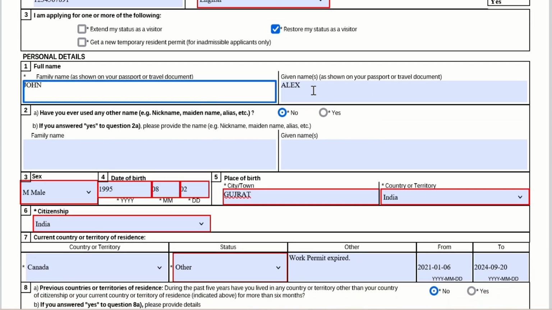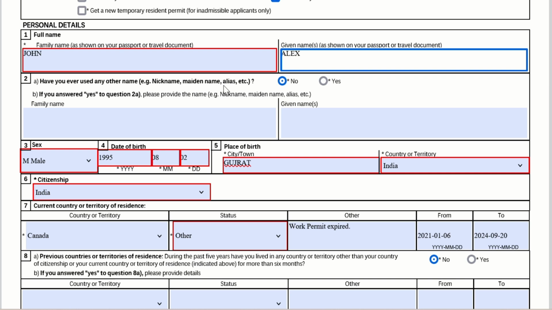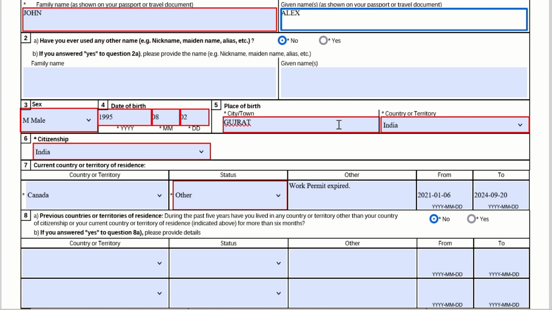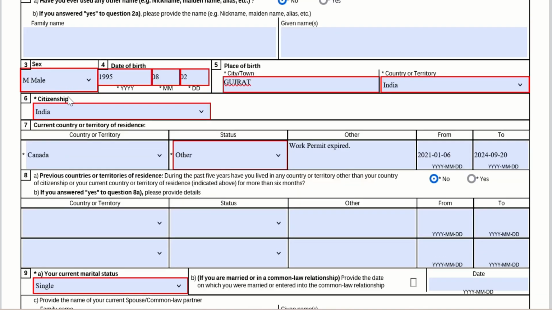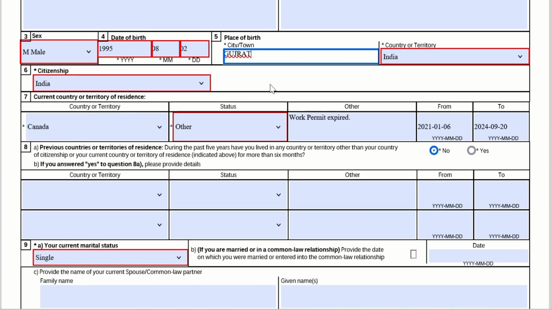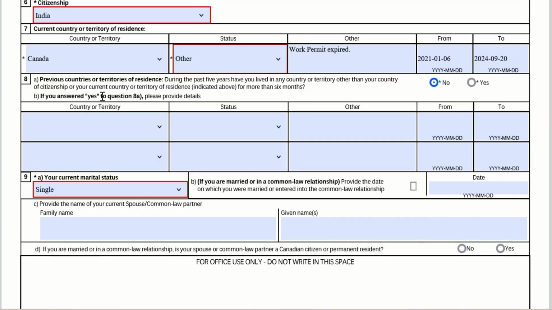Then the name, any nickname, no. Then you have the general details, male, date of birth, the place. I'm not gonna explain too much on the general part here.